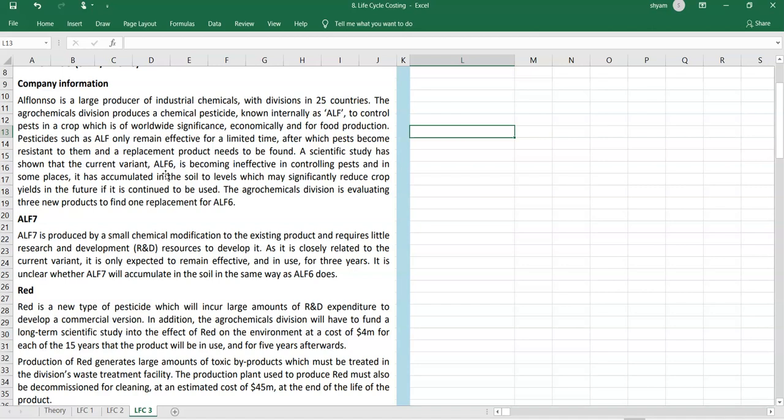So they are already using a product called ALF6, and this ALF6 has been a failure. So they are finding an alternative to this, and the alternative is these products. ALF7.